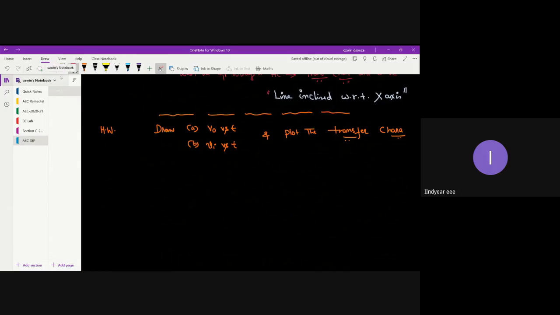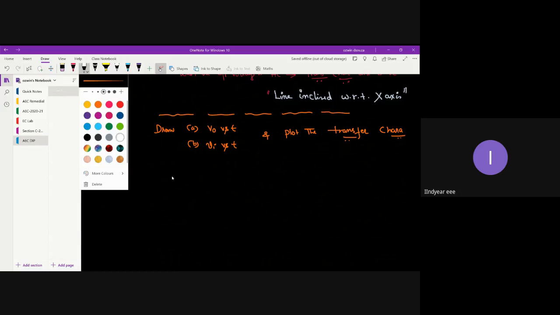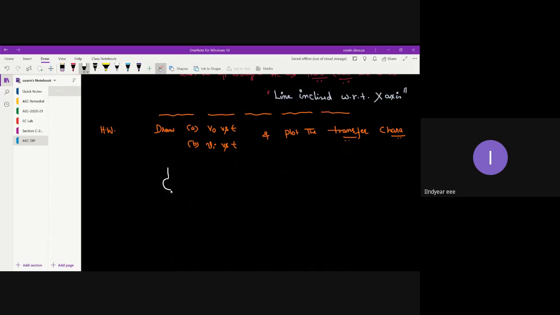Give me 1 minute. Sinusoidal source, but the diode connection is something like this. Cathode is here, anode is here. This is RL and this is V naught. Correct. So for this particular circuit, draw the input and output waveforms and also draw the transfer characteristics.